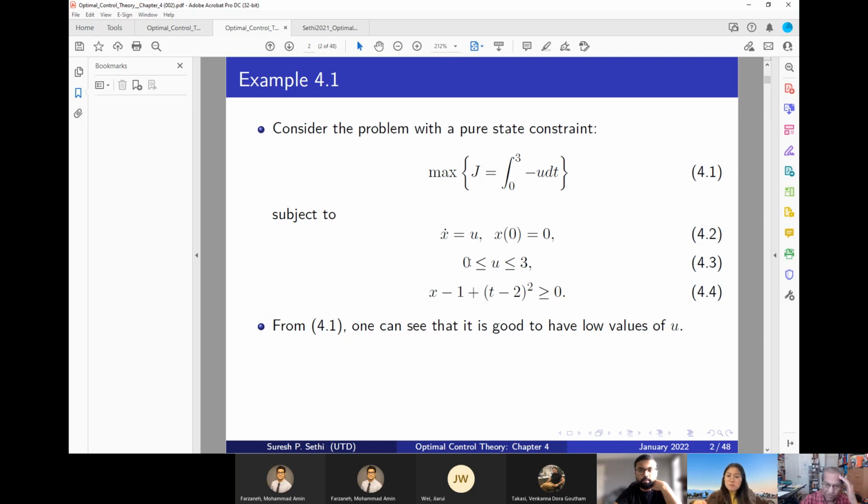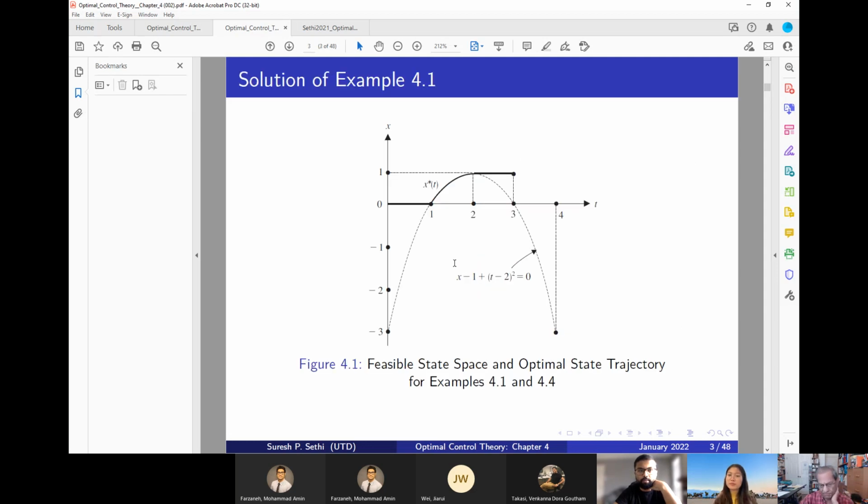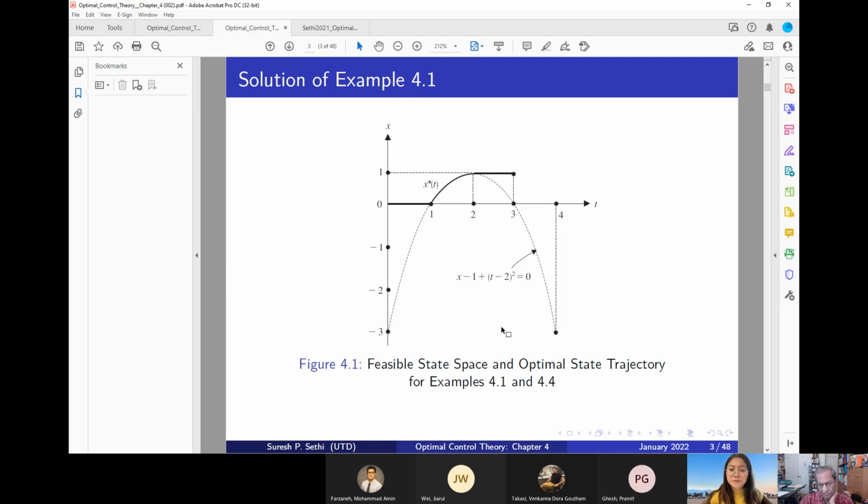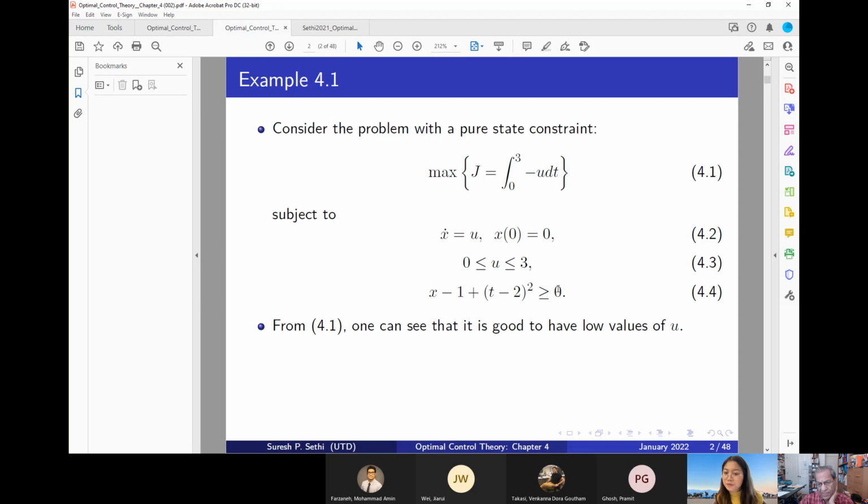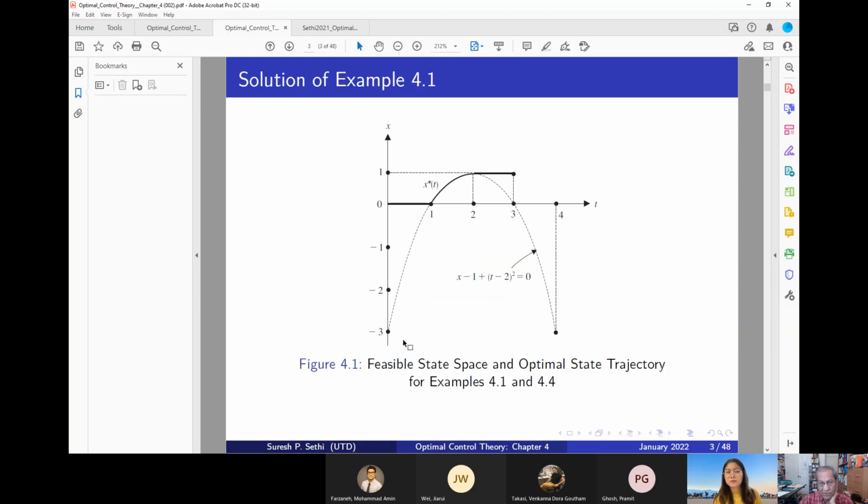Okay, so here's the problem. This parabola that you see is the constraint in xt space. So this is x, this is t. This is a parabola, and it says that I must have x above the parabola.